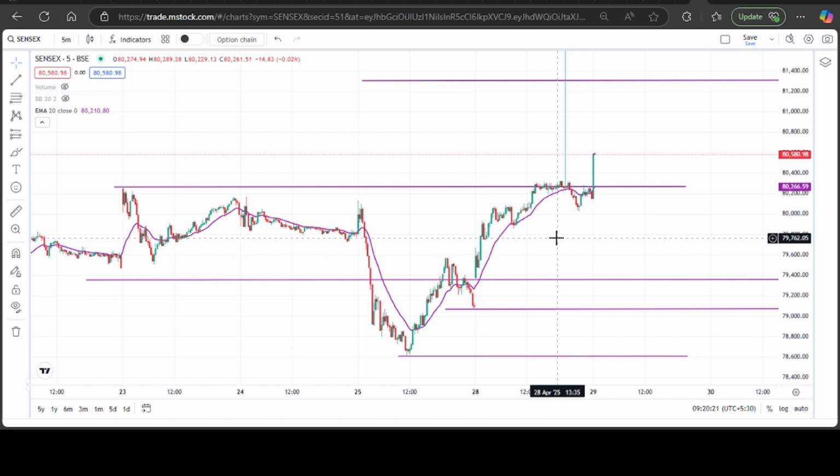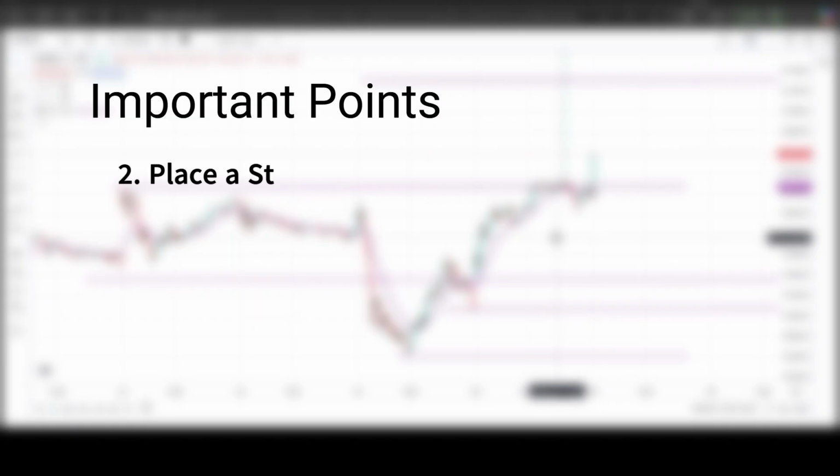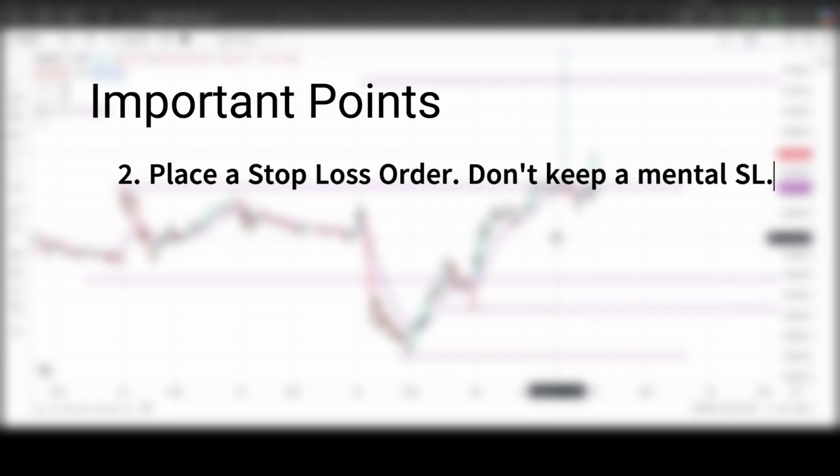So to make sure that once it goes negative, it doesn't keep going negative forever, put a stop loss as soon as your order gets executed, with minimal points. Let's say I take a 5 point stop loss on any trade. So if 5 points go away, I can enter again in the right direction, as the direction of the trend is changing. So hence the second point is putting a stop loss.